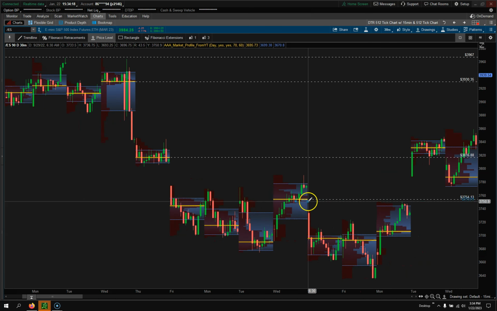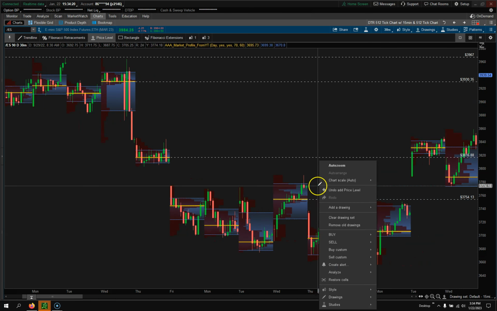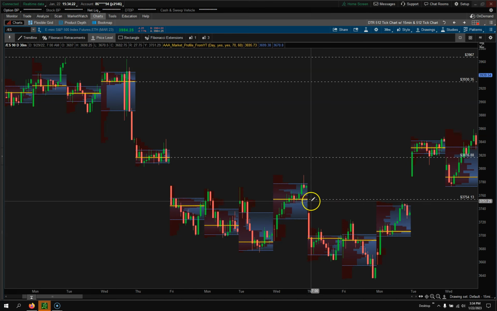So we could see right here, price kind of rallies up. Okay. And then what happens right here? Look at this. Price comes right to it, comes up a little short, but we do get that reversal, right? Comes right up. So that has now been kind of fulfilled. Think of it that way.